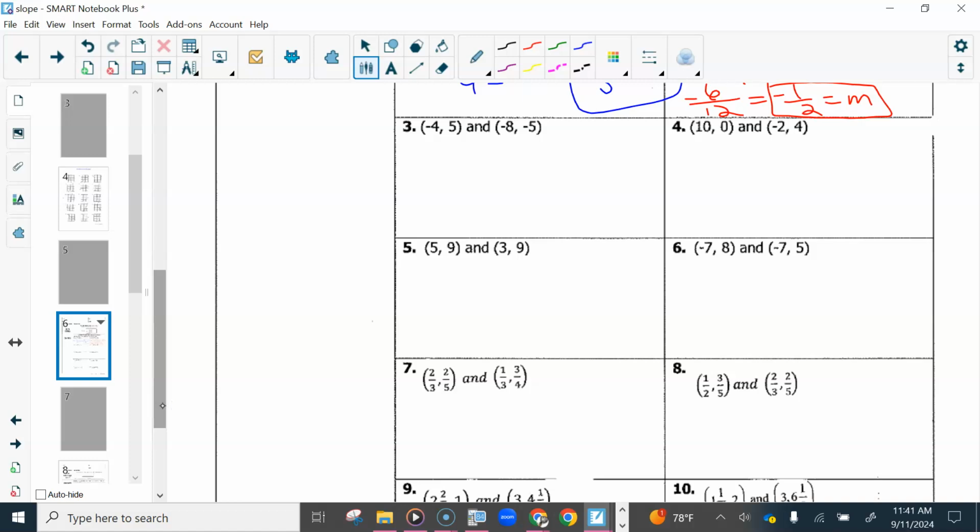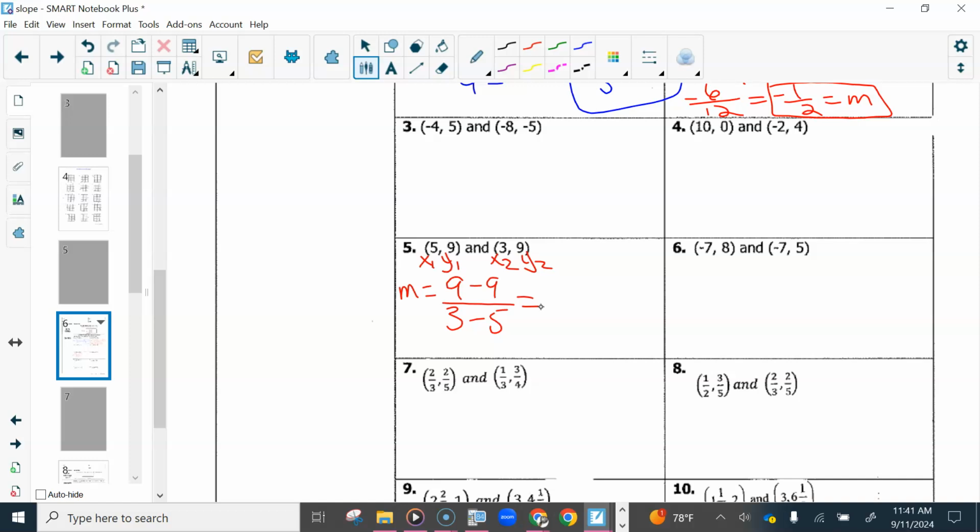Before we start anything, what do you notice about these 2 points? They both have a 9. Okay, that's going to be important. So when we go to solve this or set this up, it's going to be 9 minus 9, y2 minus y1, over 3 minus 5.